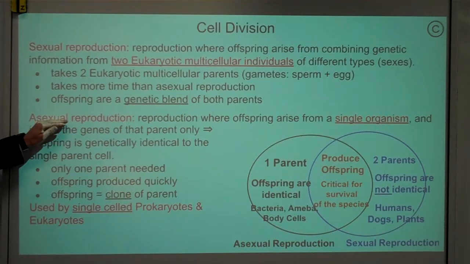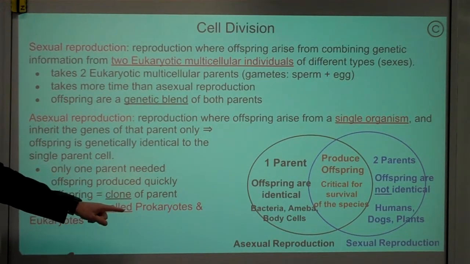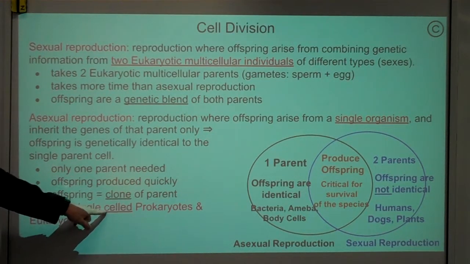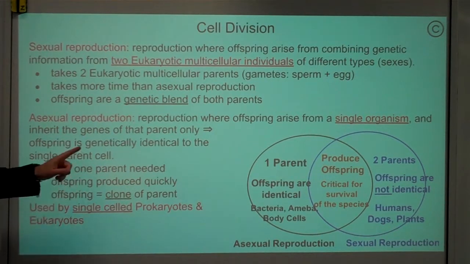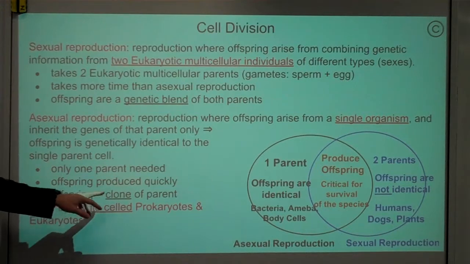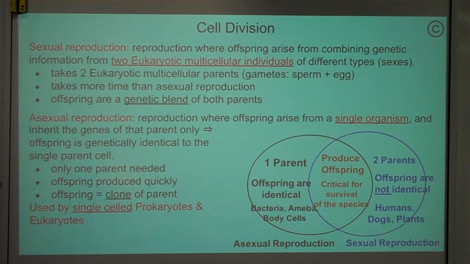Asexual reproduction can be prokaryotic or eukaryotic, but it's always single-celled. Only one parent is needed. The offspring are produced quickly, but you have a clone of the parent, absolutely identical. So if a disease comes through, the immune systems of the clones will all be the same, and they'll be equally likely to die. Whereas genetic variation from sexual reproduction makes everything a little bit different.